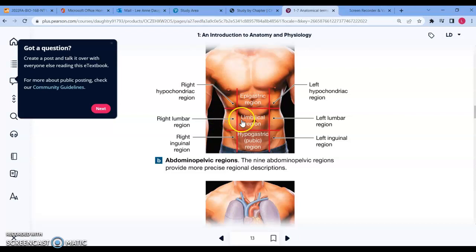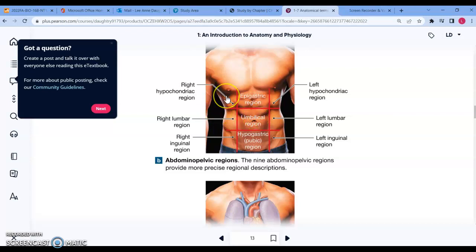And you can remember that because it's parallel with the lumbar, or lower back region, of the back. That's why we call it the lumbar region. So the right lumbar region would be lateral to the umbilical region. And then we could say the umbilical region is medial to the right lumbar region.